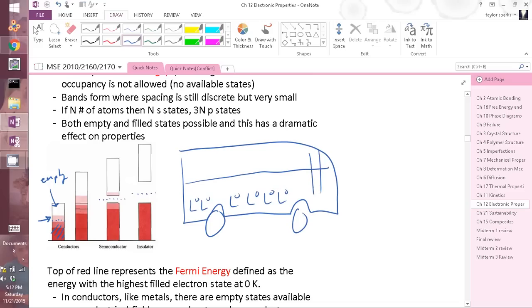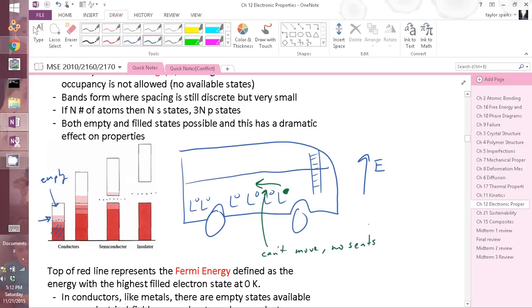But you do have a stairwell, and if you want to spend the energy, you can go up in energy. So an electron down here, he's not able to move around the bus because it's completely filled. Can't move, no seats. If he wants to move, he can't, because those seats are all filled.